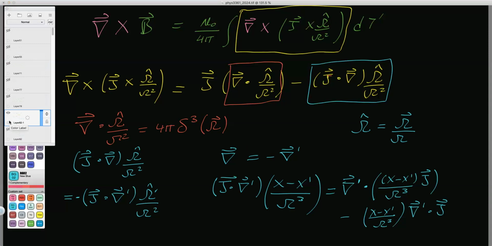And I'm going to have to get a new layer. Okay. And let's erase some of this stuff because now we're just dealing with this one term. We've already said that this guy is this, right? And so now we're dealing with this. So let's erase some of this.